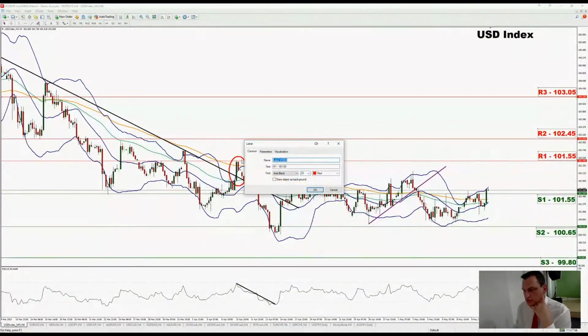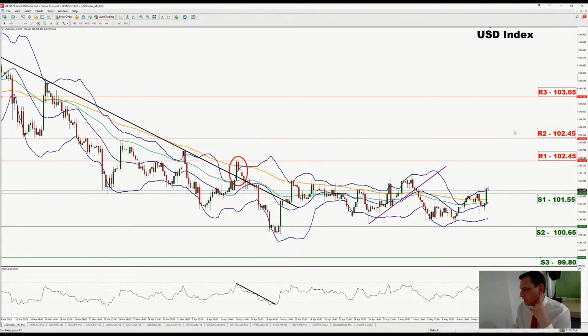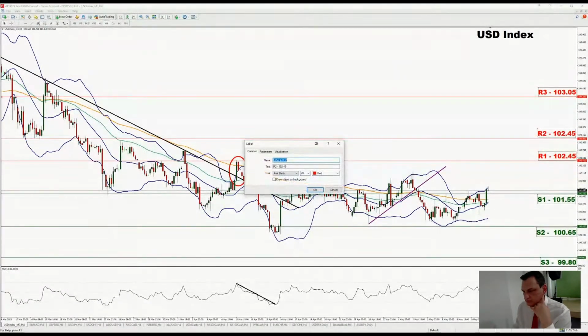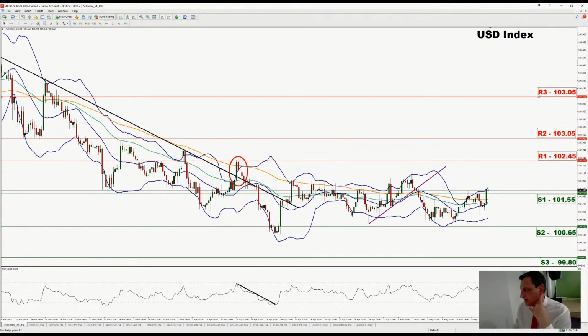The R1 at 102.45. The R2 at 103.05. And a little bit higher, actually a little bit symmetrically higher, the 104.20.